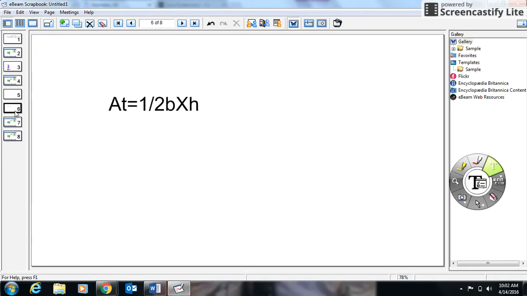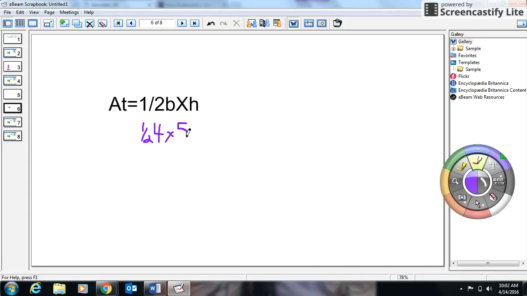So let's go over here and enter these numbers into our formula. So half base, I know half my base, in this case my base we said was 4, times my height, which is 5. Okay, what's half of 4? 2, and 2 times 5 is 10.